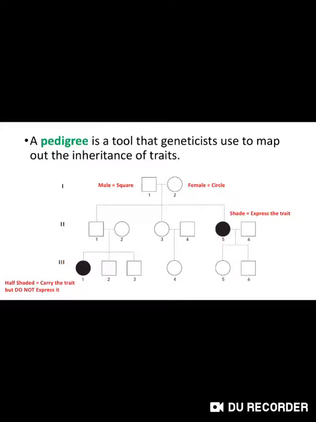For example, number 5 is a shaded circle, and this means that this female expresses a trait. In other cases, we are going to use half-shaded images. This means the person, in this case in the third generation a female, carries a trait but does not express it.